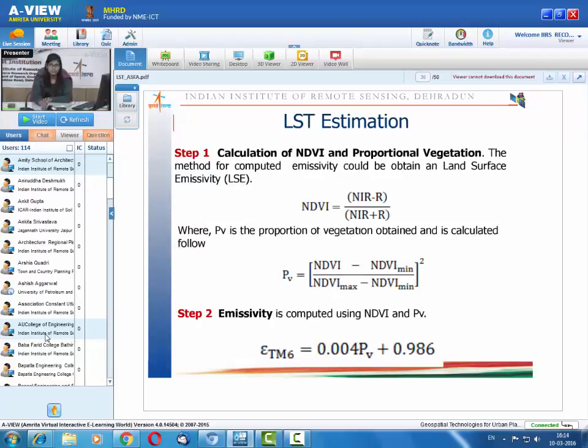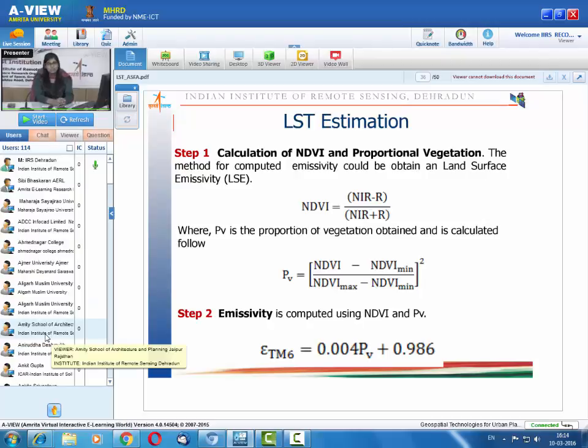Now let us come to the method by which land surface temperature can be estimated. We have to calculate NDVI and proportional vegetation, number one. All this we are doing for calculation of emissivity. Emissivity can be calculated by various methods. Number one method is NDVI based emissivity calculation, NDVI-based emissivity method (NBEM), in which you calculate the emissivity with the help of NDVI and proportional vegetation.